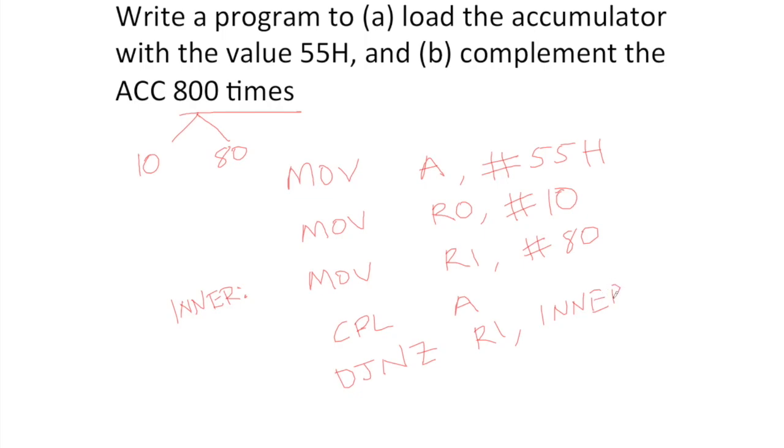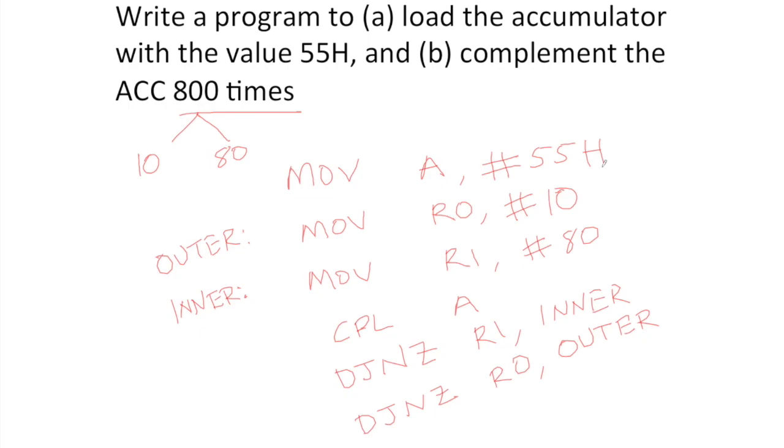So I would keep looping until R1 becomes 0. So this is our inner loop, and once this is done, we need to set our outer loop here. So decrement R0 and keep looping until it becomes 0, and the place to jump would be the outer loop, which is here. So this defines the outer loop.